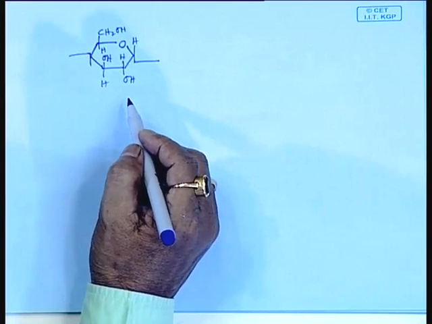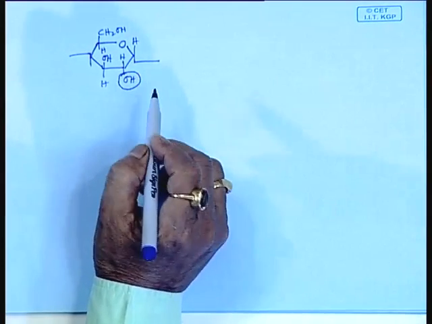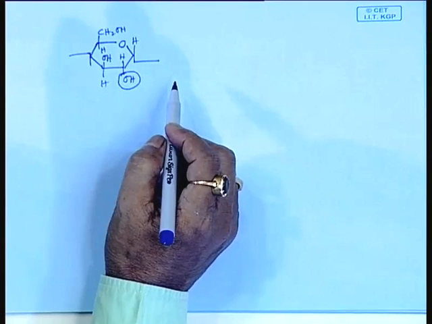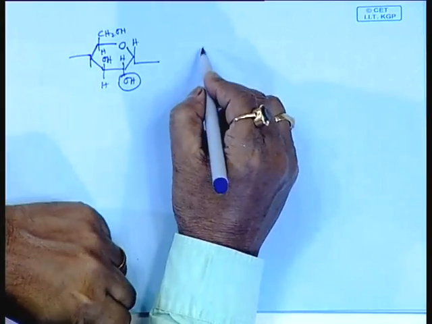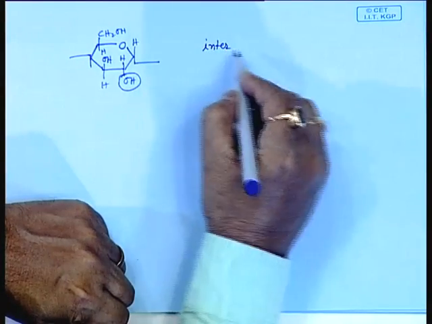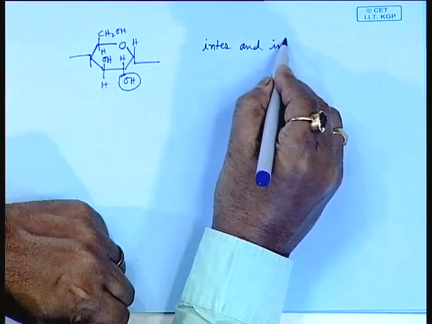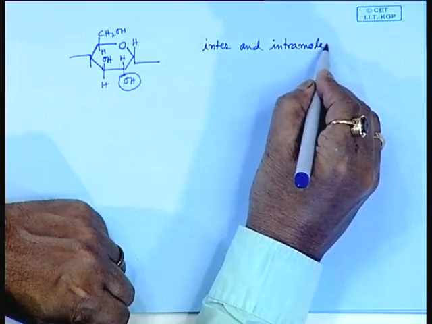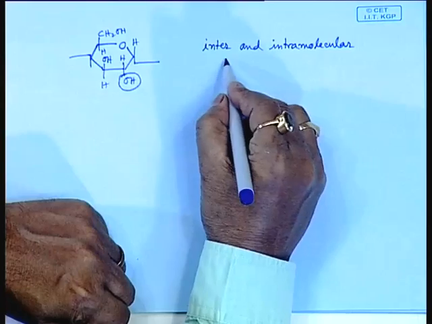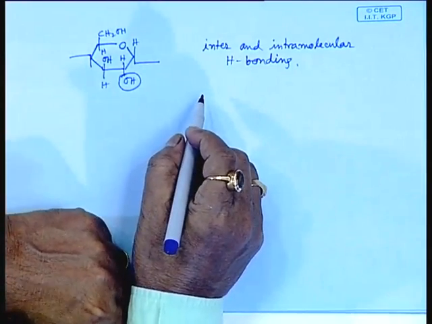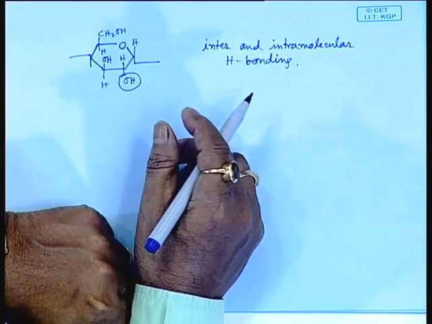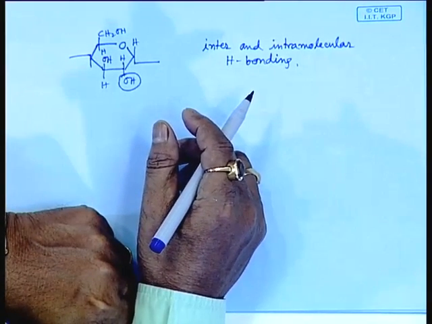Now, these hydroxyl groups enter into extensive hydrogen bonding, both inter as well as intramolecular. What happens then? I told you cellulose is a thermoplastic polymer, but it behaves like a thermoset polymer, because we do not find any solvent for cellulose.